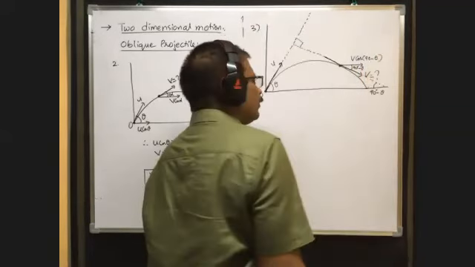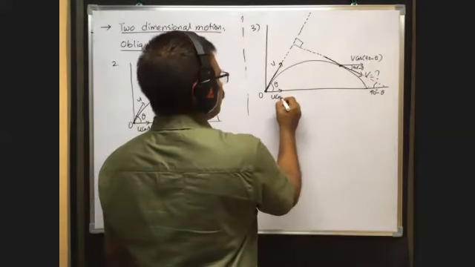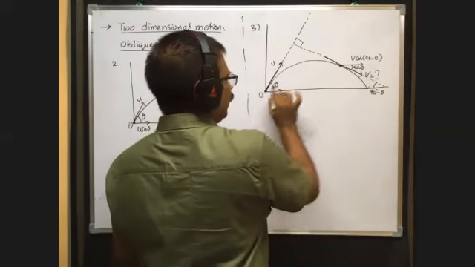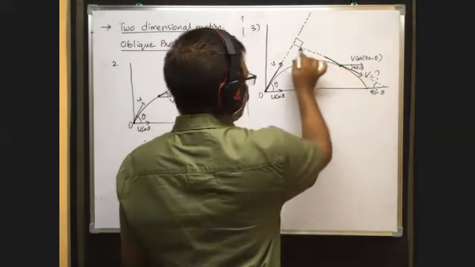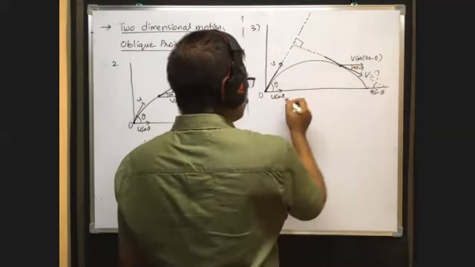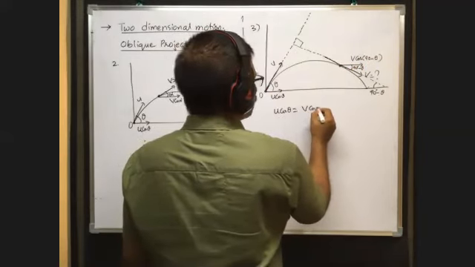But in case of an oblique projectile, at any point the horizontal component of velocity must be the same. So the horizontal component at the point of projection and the horizontal component at the instant its direction of motion becomes perpendicular to the initial direction must be equal. That's why u cos theta must be equal to v cos(90 minus theta).